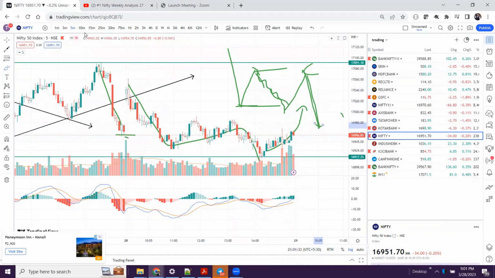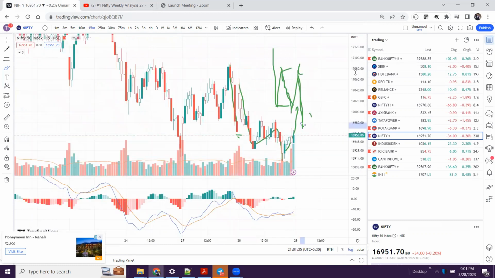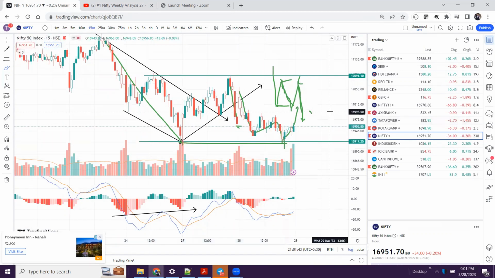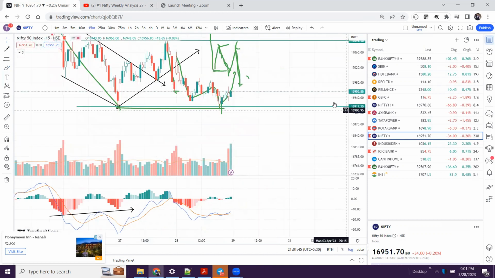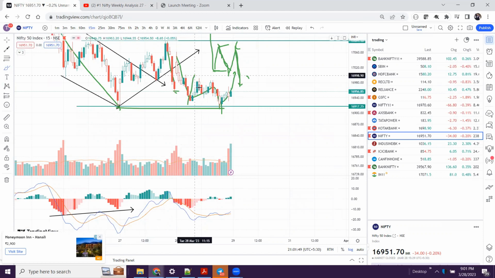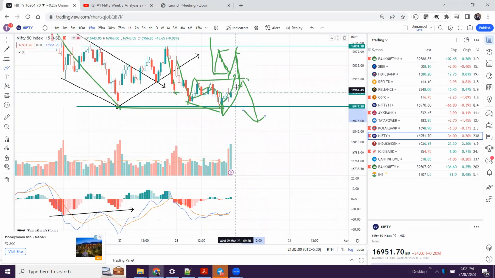If you go to the 15-minute again, although this structure is complete because one more push has been completed to the downside, the only thing that can be the case is that this is just a corrective B, and one up move can come to complete this C wave, and then one more push down can come. So as of now, there can be a small upside and then one more push down.